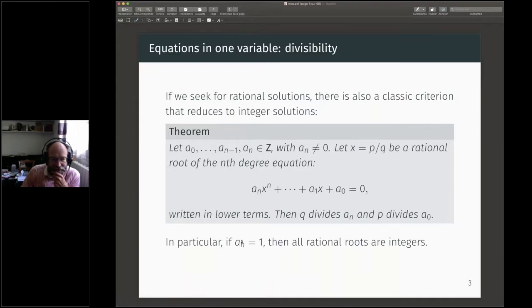So in the case where, for example, this polynomial is monic, that is an is 1, then all rational roots are integers. So then I use the previous criterion.